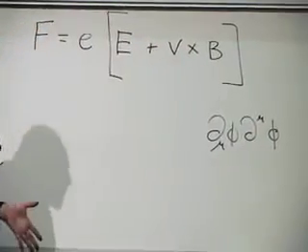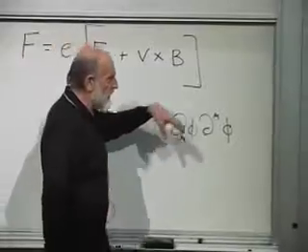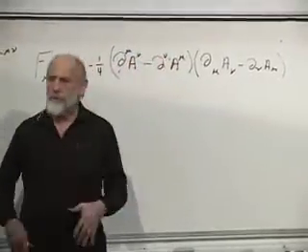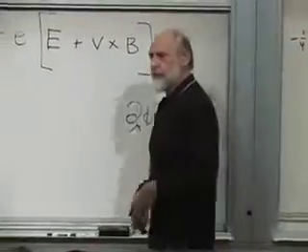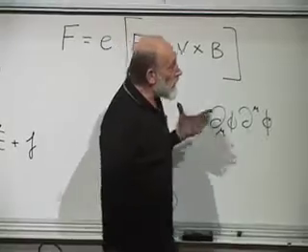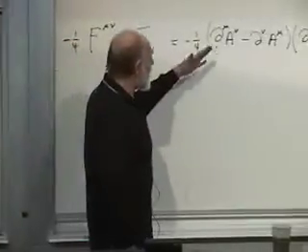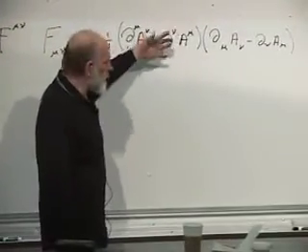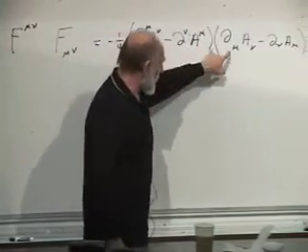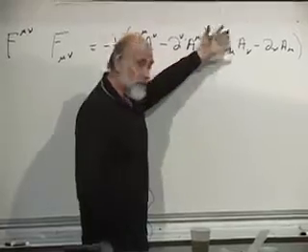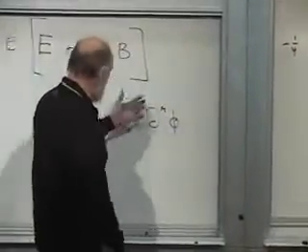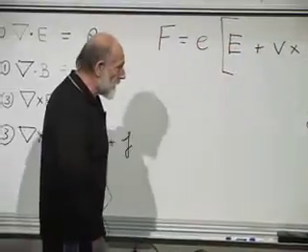It's more complicated because it has more components, but each term is the product of a derivative of a field times another derivative of a field. So it's not so different than previous Lagrangians that we've studied.